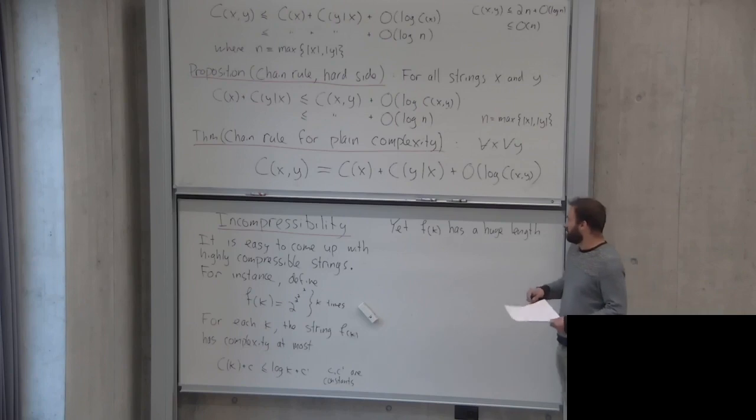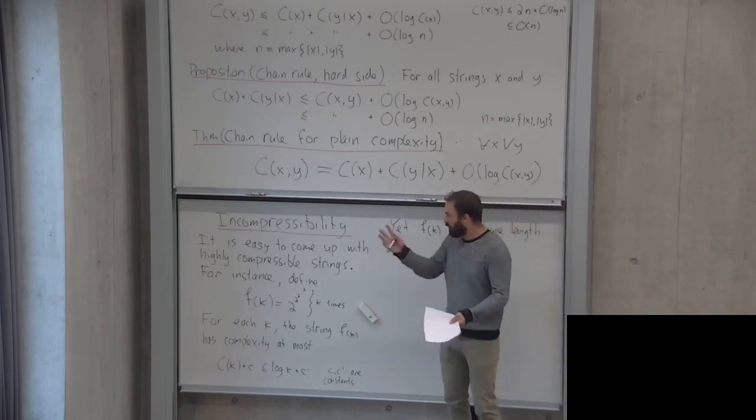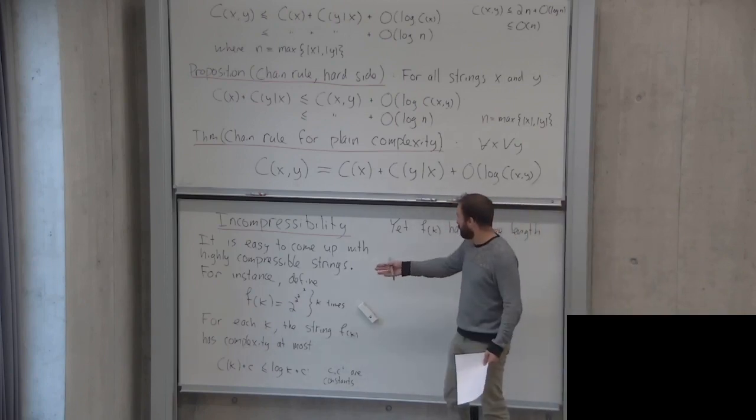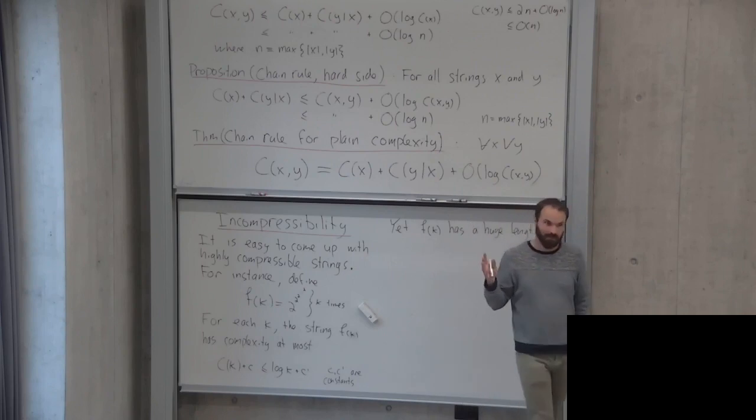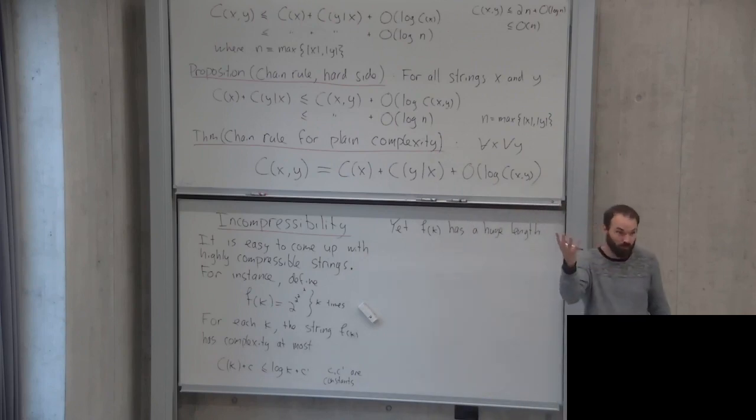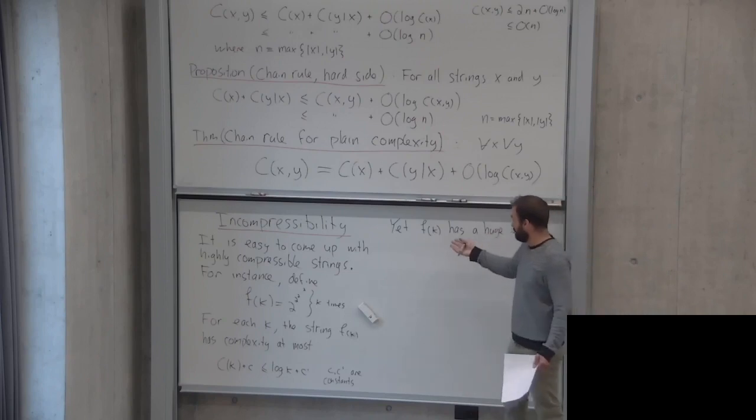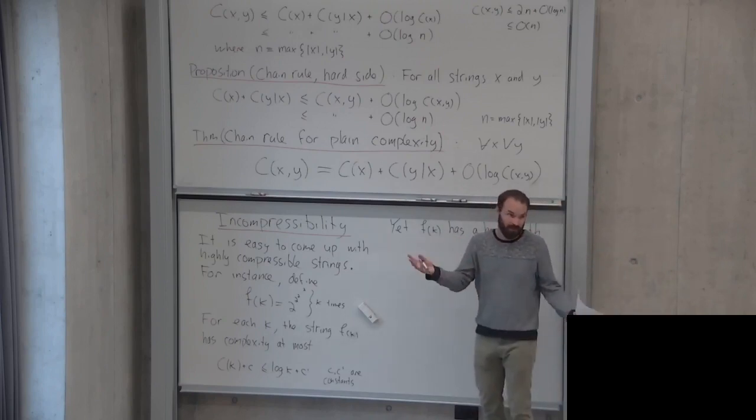I'm not claiming that the program that I can exhibit for f of k is the shortest one. But again, it's one program, which is much shorter than its length. So the complexity of f of k is smaller than what I have found.